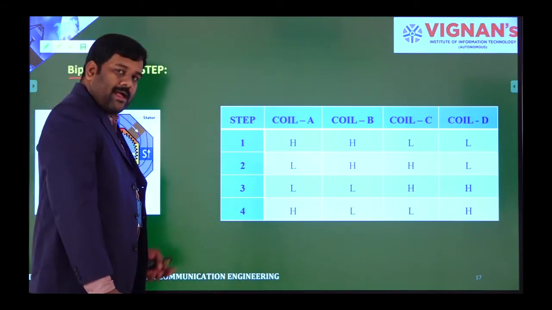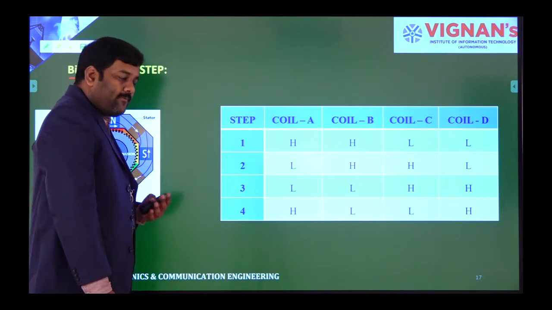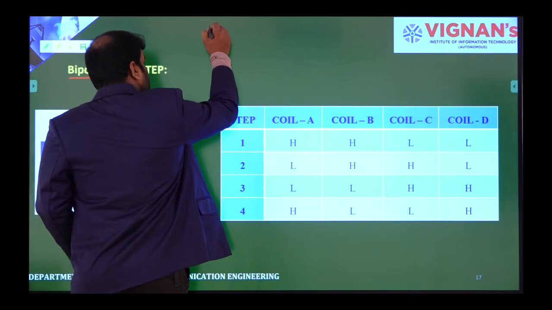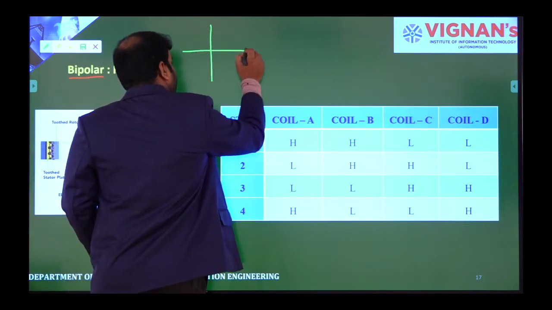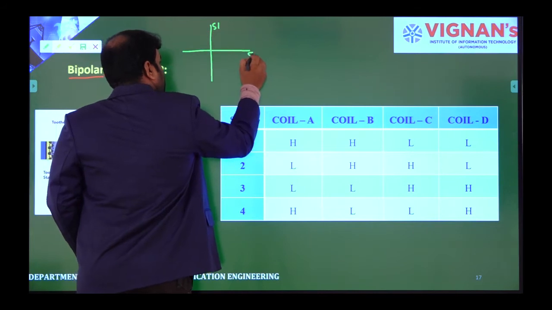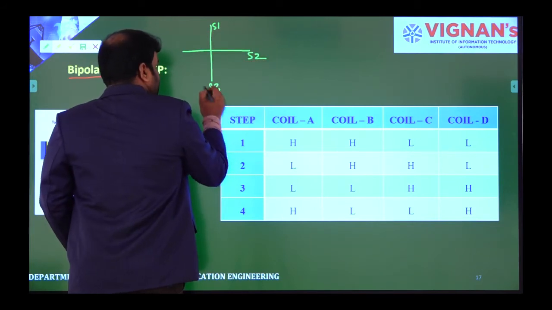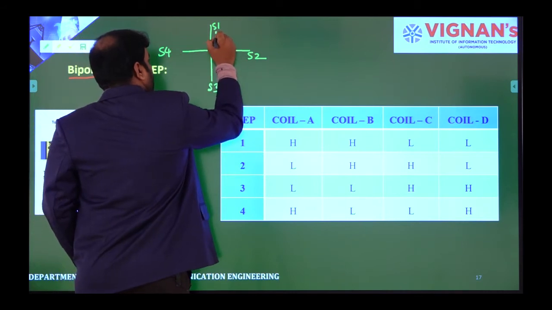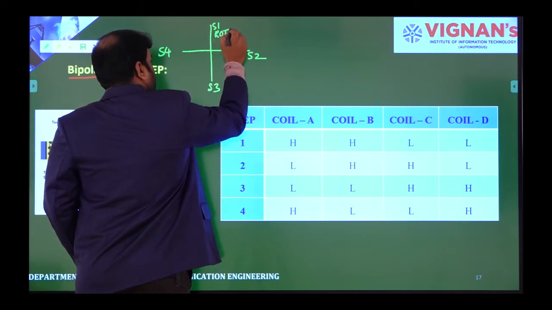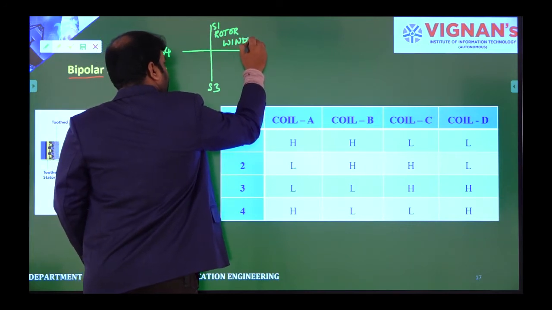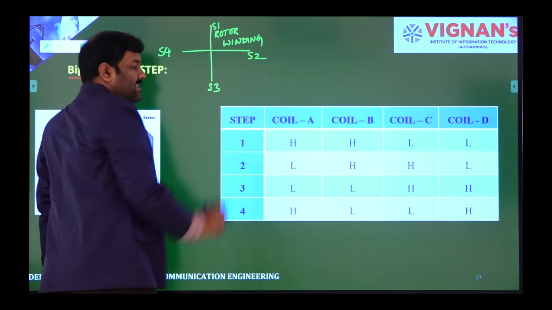Whenever I need to take a full step, it means I would like to change the position of my motor. So this is my step 1, step 2, step 3, and step 4. Initially my rotor winding is in position S1.